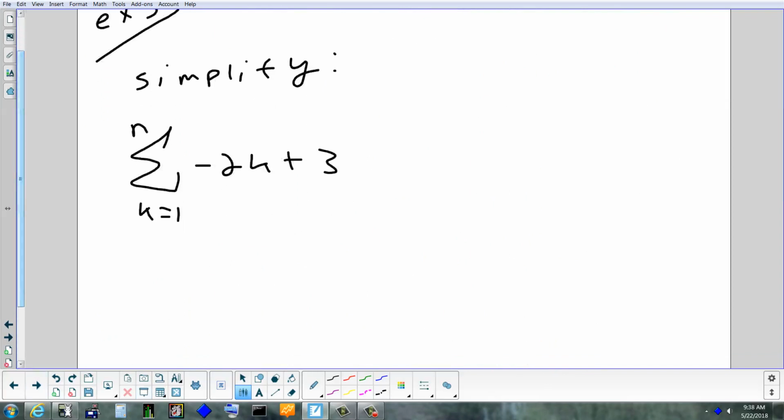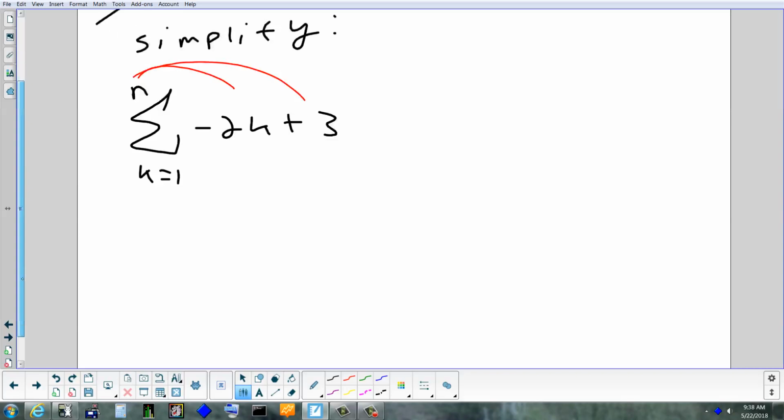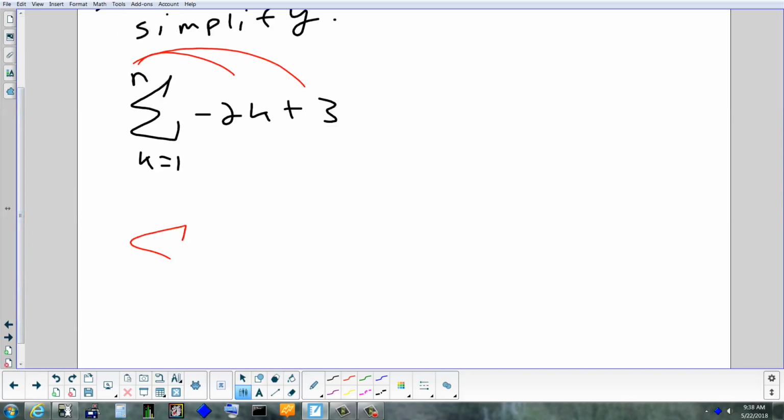So what we want to do here is kind of the reverse of what we did. Break this apart. Okay? And basically, to break it apart, it's not really called distributive, but it's kind of like distributing the sum back out to each term. So we would get sum from k equals 1 to n, and we're going to have another one. So it's just the reverse of what we did before. The first one is going to have negative 2k.